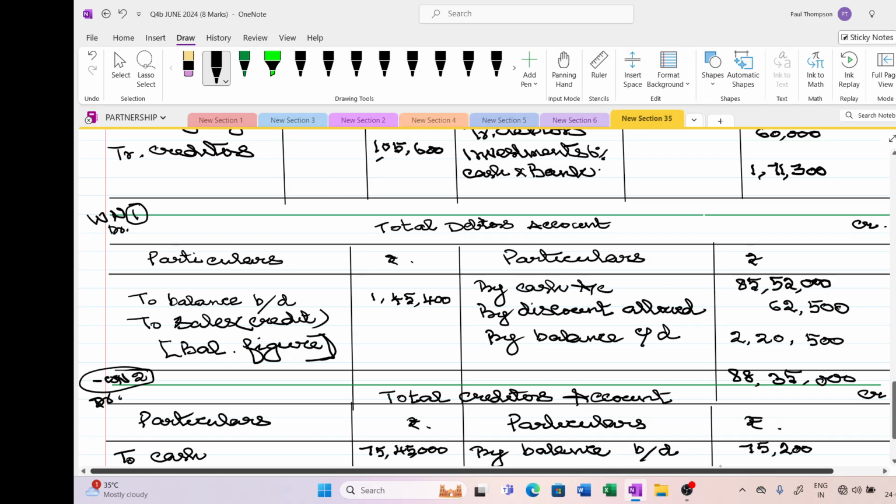Just copy that 88,35,000 on the opposite side. So don't forget to write the balancing figure because you are balancing it and finding out the balancing figure comes to 86,89,600.